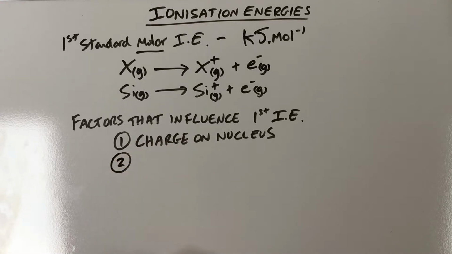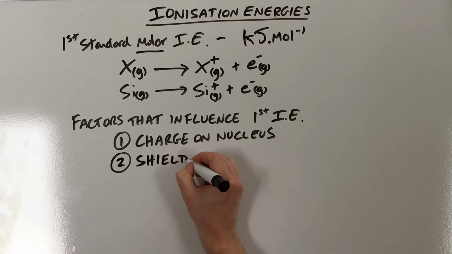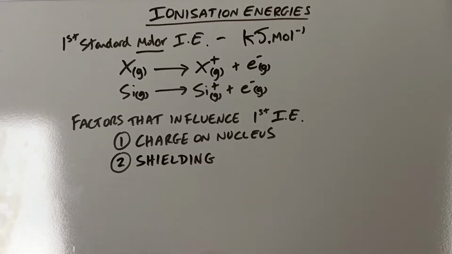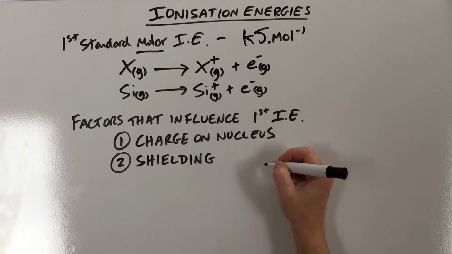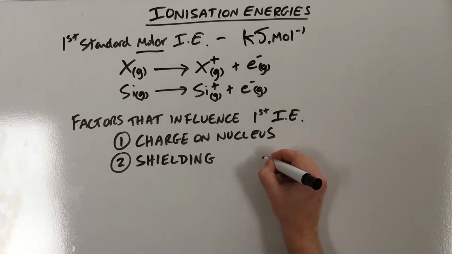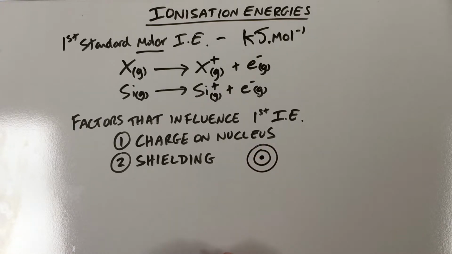The second factor is something we call shielding. Shielding talks about how many energy levels of electrons are in between the nucleus and the outer electron. So what we've got is our nucleus, there's our first energy level, our second energy level, and so on and so forth.